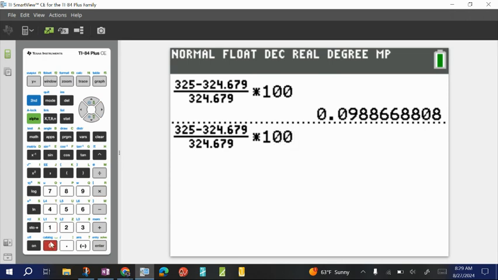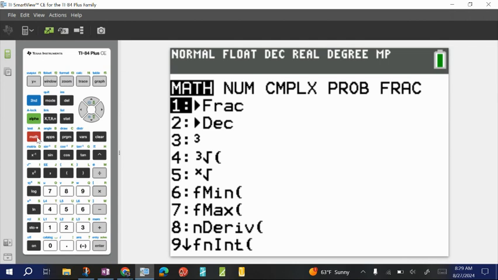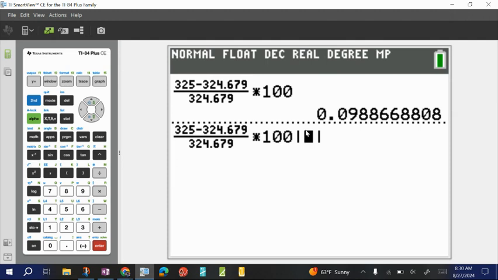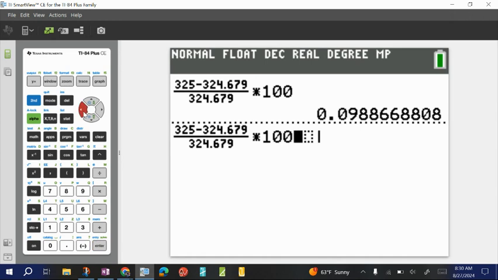You'll notice that I didn't do anything with absolute value. To be honest with you, absolute value is a little bit tricky to get to. You have to go through math, and then go to number and then do absolute value, and then you put everything inside of there.